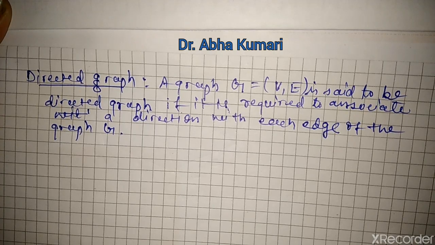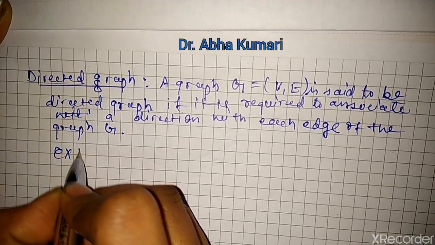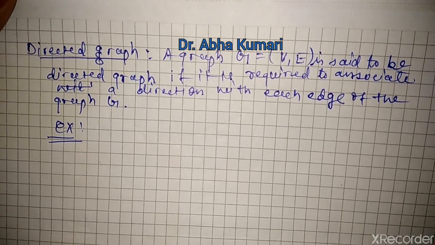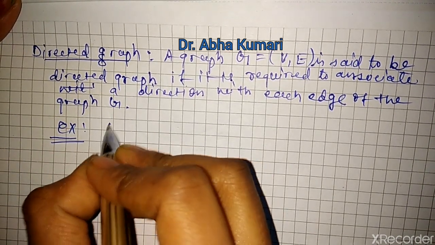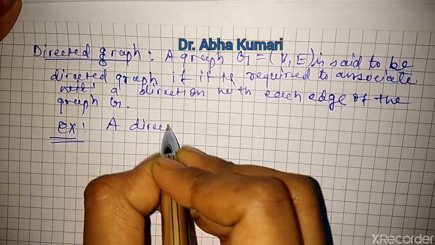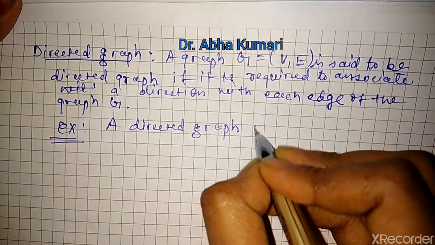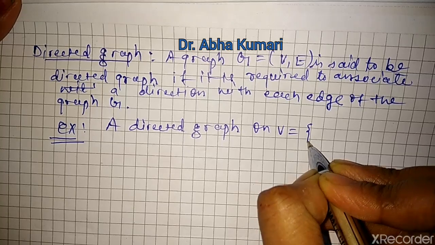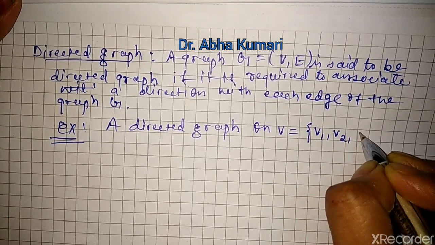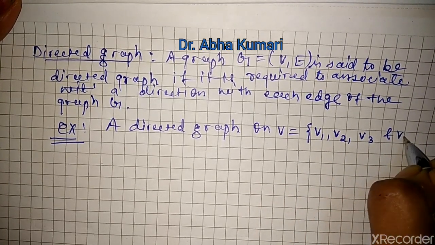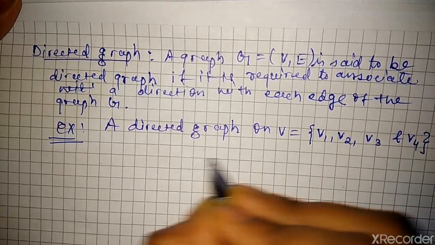For example, suppose we have a directed graph on V equals {V1, V2, V3, V4}.